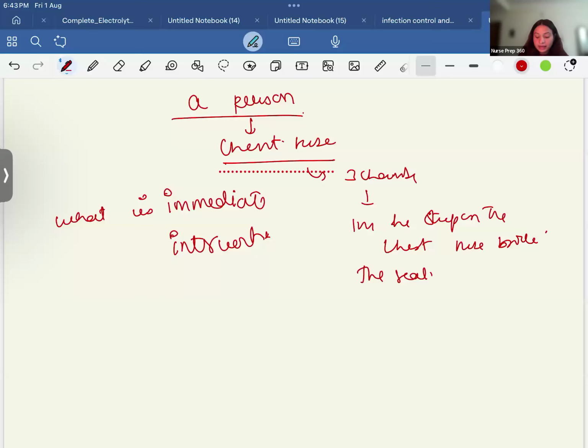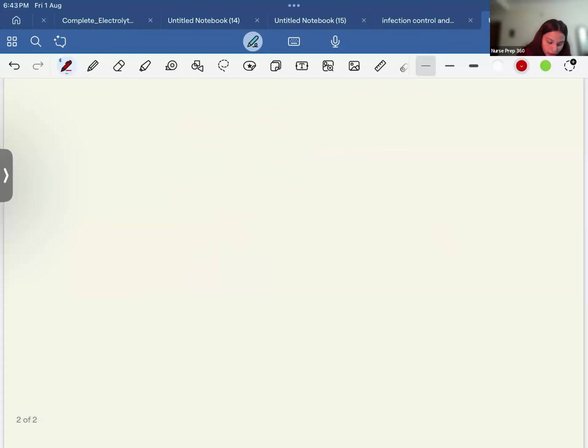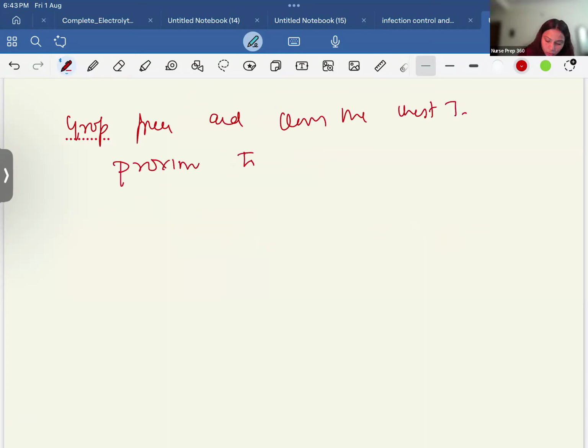Is your immediate dependent. First is grab forceps and clamp the chest tube proximal to the client thorax.